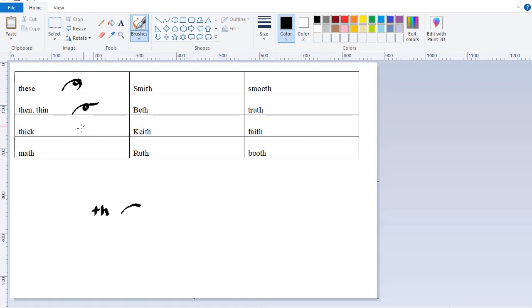Now, we have thick. T-H-E-K. Thick. Now, we have math. So, we have M, and then A, and then TH. Math. We have Smith. So, we have S, M, E, TH, and then of course, don't forget your capital symbol.